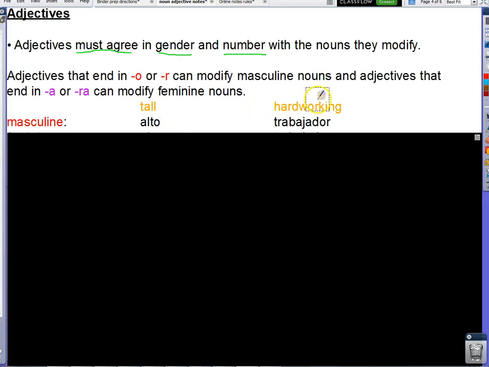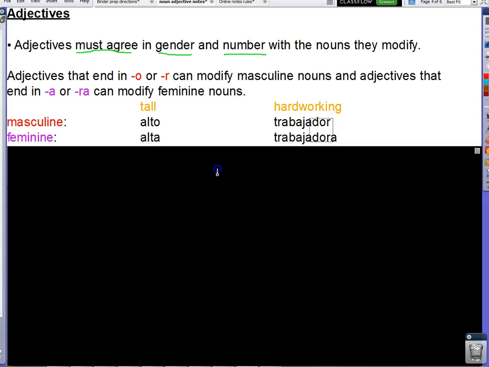If I want to say that a guy is hardworking, trabajador. This is masculine, this is masculine. Ends in an o, ends in an r. But if I want to make the feminine forms of these, then I'm going to change alto to alta and trabajador to trabajadora. These are the feminine forms. You can change o to a or the letter r to ra.